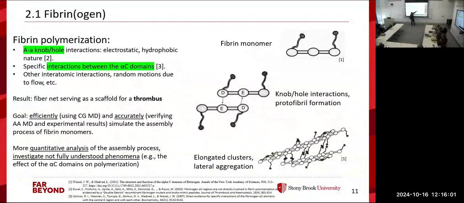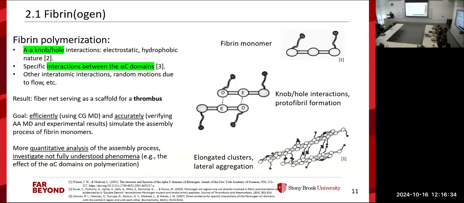And this interaction, along with some specific interaction between the alpha C domains, the dark gray hands, lead to the polymerization. So you have some protofibril formation first, and then with some lateral aggregation, you get the bigger net eventually. So what I want you to keep out of this is that we start with a fibrin monomer, and there are some intermolecular interactions that lead to the net formation.